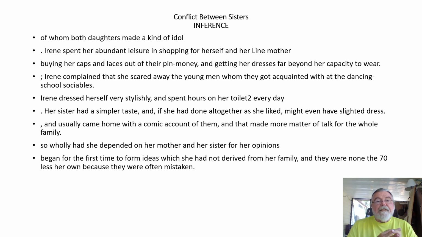Irene spent her abundant leisure shopping for herself and her mother. So Irene spends all her time buying her mother's clothes that she can't even wear. What this says to me is that she's vying for her mother's attention. Hey, Mom, look, I got you a new present. The author didn't say that. That's an inference.